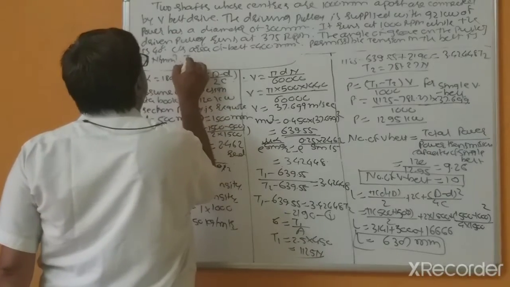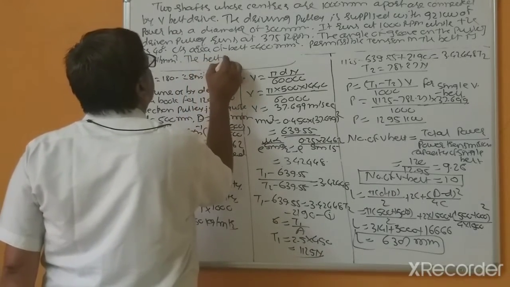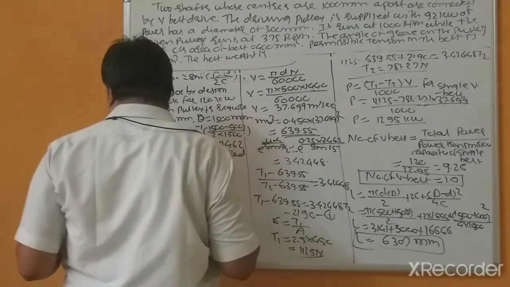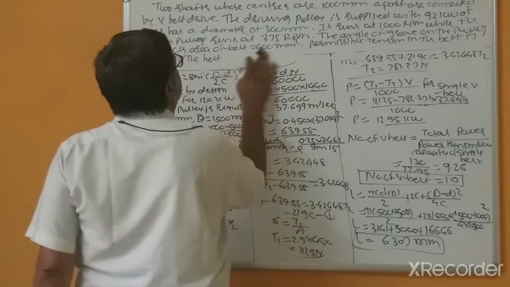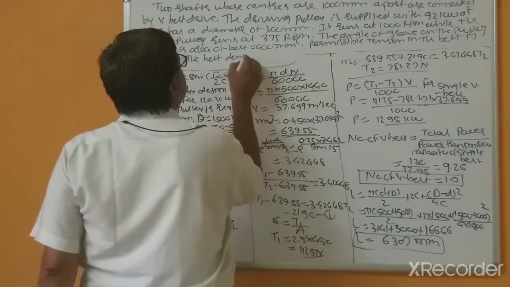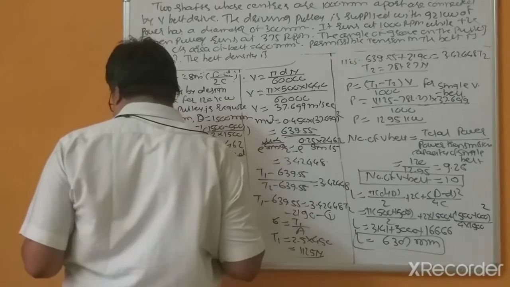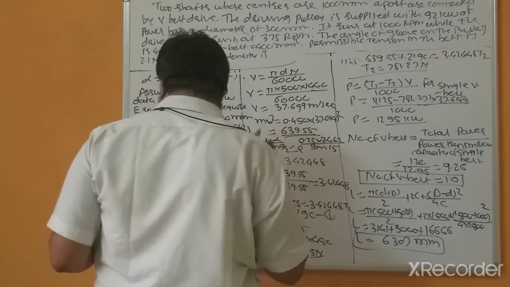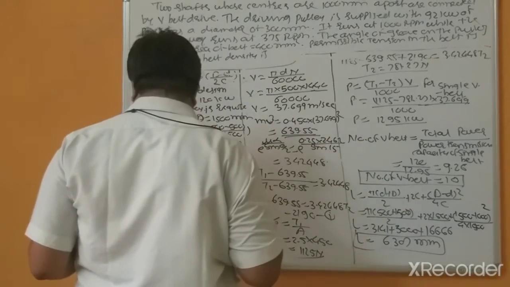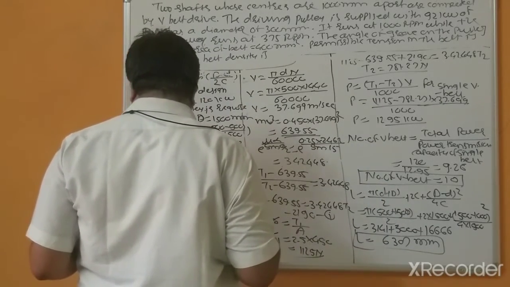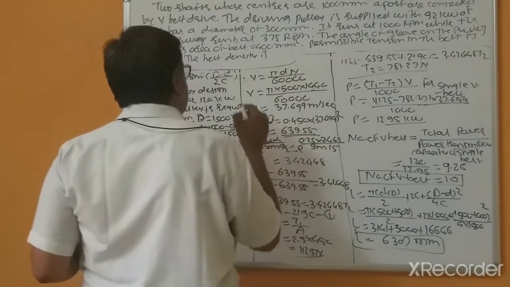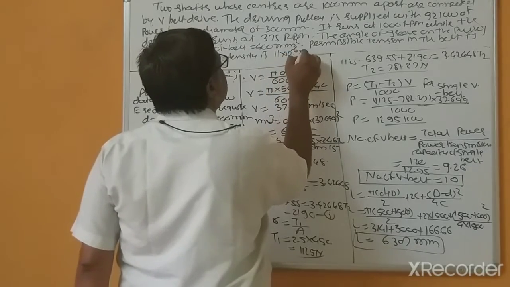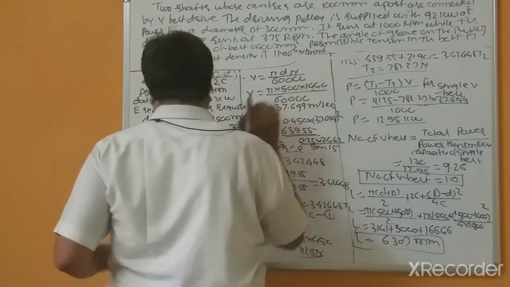The belt density is 11 into 10 to the power minus 6 Newton per mm cube.